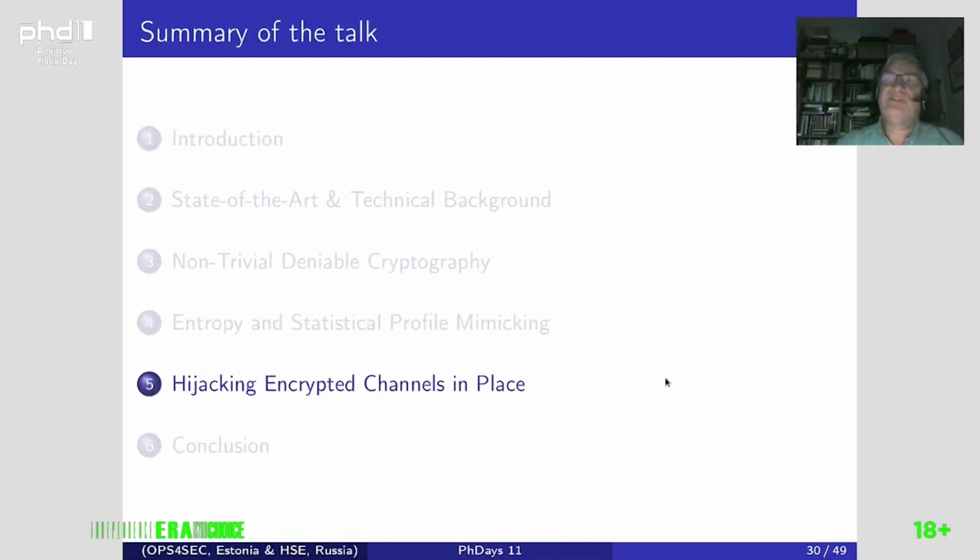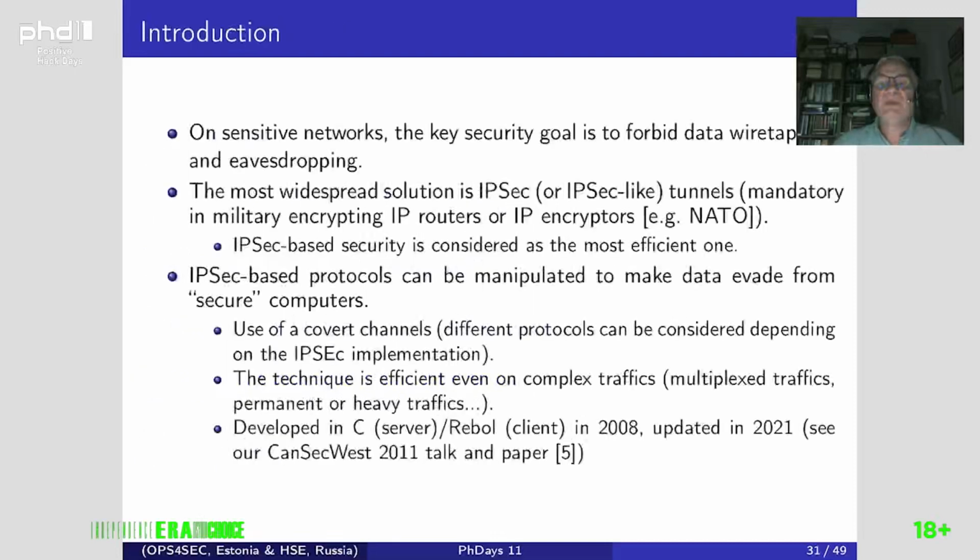So now let us deal with the last case, when we have a hijacked encrypted channel in place. Most of the time, for example in a sensitive military network, the attacker, the malware, has to cope with an existing IPsec VPN. I am thinking of former known attacks, like in Iran.